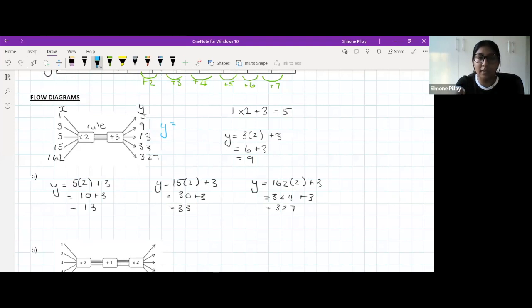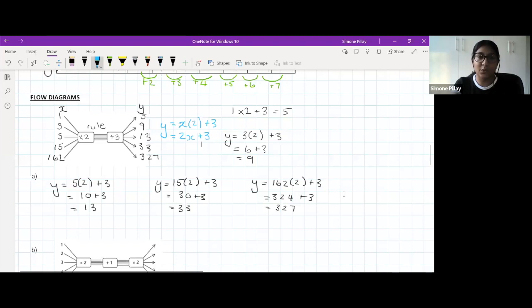I was saying that my y value equals my x value multiplied by 2 plus 3. Now we know we don't like this format too much when we have x's, so let's change that up. Let's make that y equals 2x plus 3. Okay, that is our first flow diagram done.